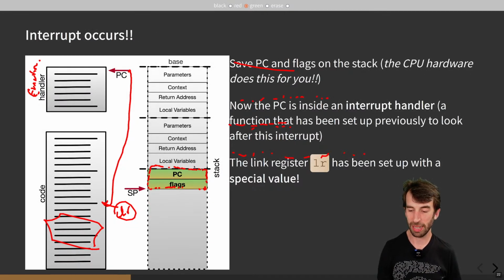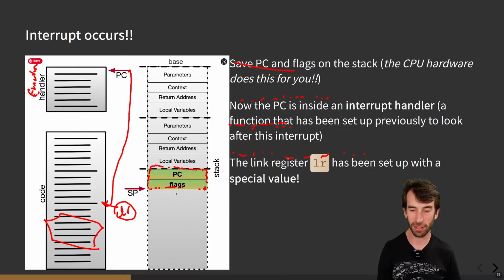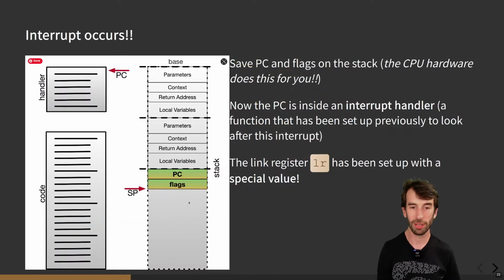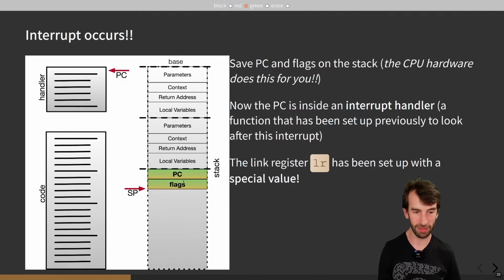If there was something in LR before the interrupt, would it get overwritten? Someone is asking that. I think I'm actually missing some steps here. There's more stuff that gets put on, including LR.